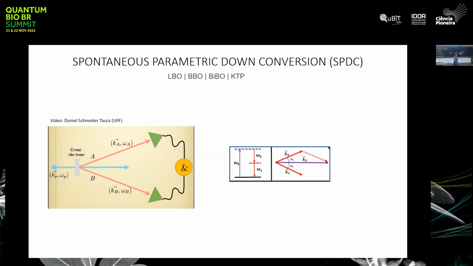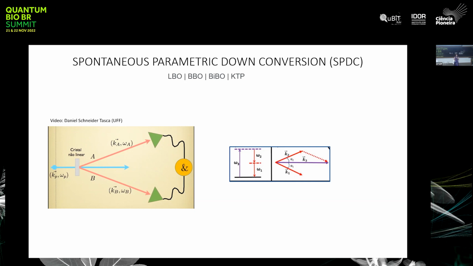This system, due to conservation of energy and conservation of momentum, has interesting properties, and we can actually tailor the spectral properties quite a lot. These photons can have the same wavelength, or very different wavelengths.